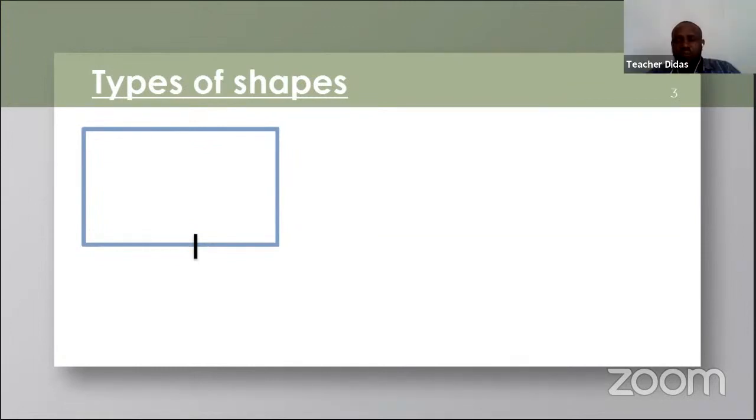Like in how? Okay, let me repeat. That is a rectangle. It has four long sides. All the sides are long. No, short. All the sides are short. No, that is a rectangle, and it has four sides.